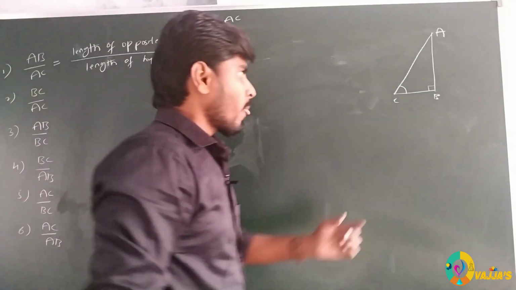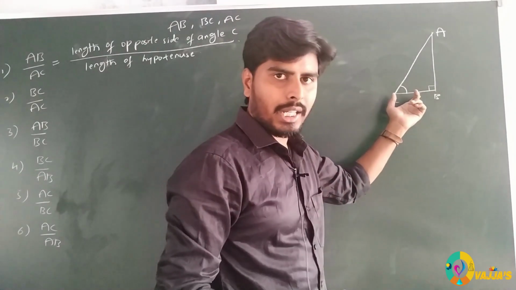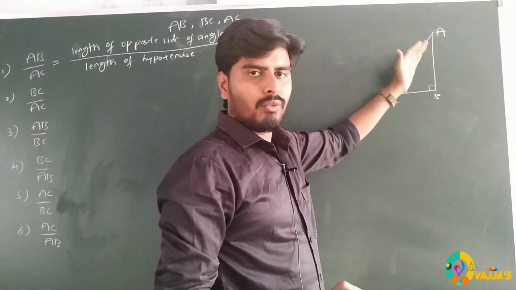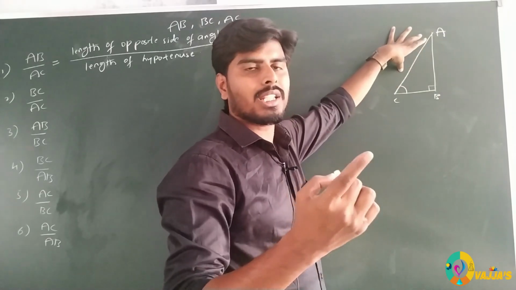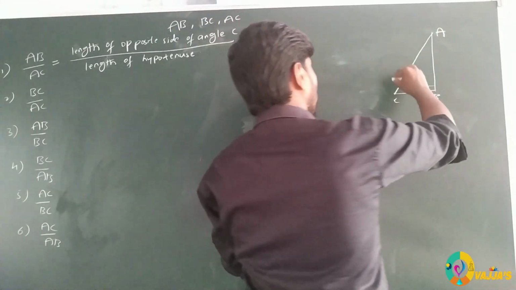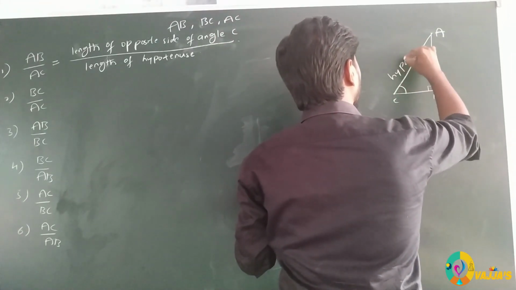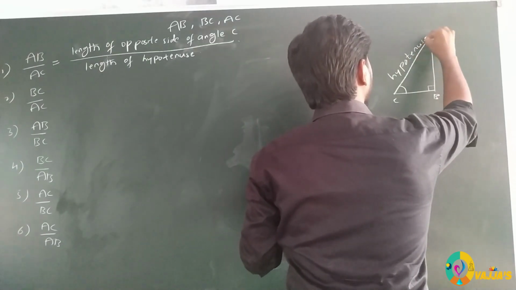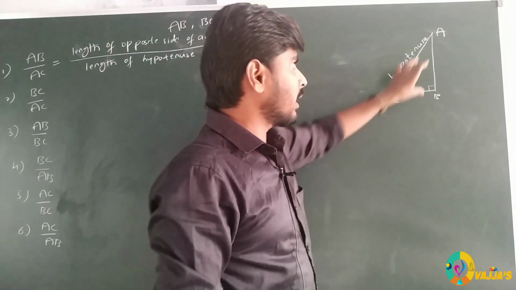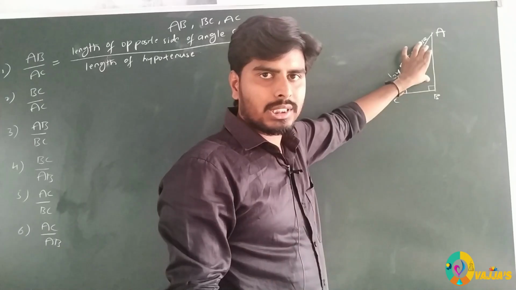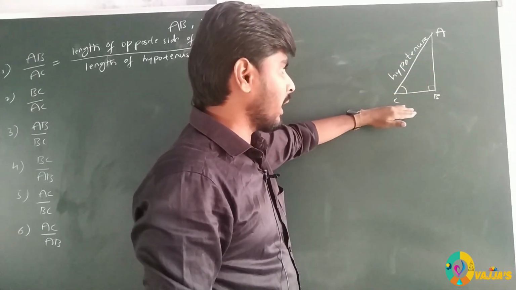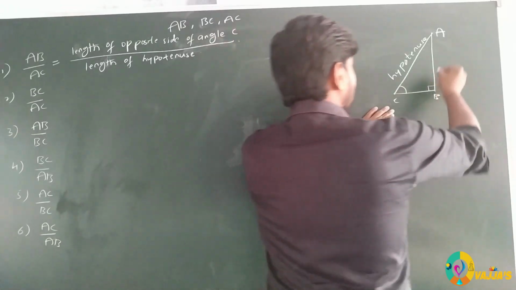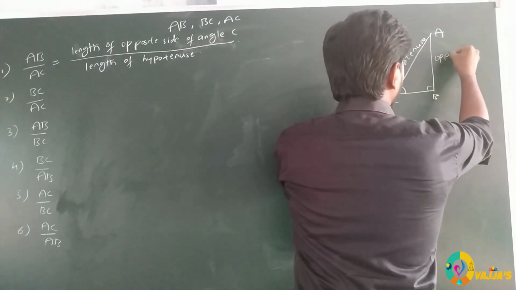Look here. In this right angle triangle, the side which is opposite to the right angle, that means here AC, AC is called hypotenuse. And I am saying that this AB is the opposite side with respect to C. So if my angle is C, this is the opposite side.